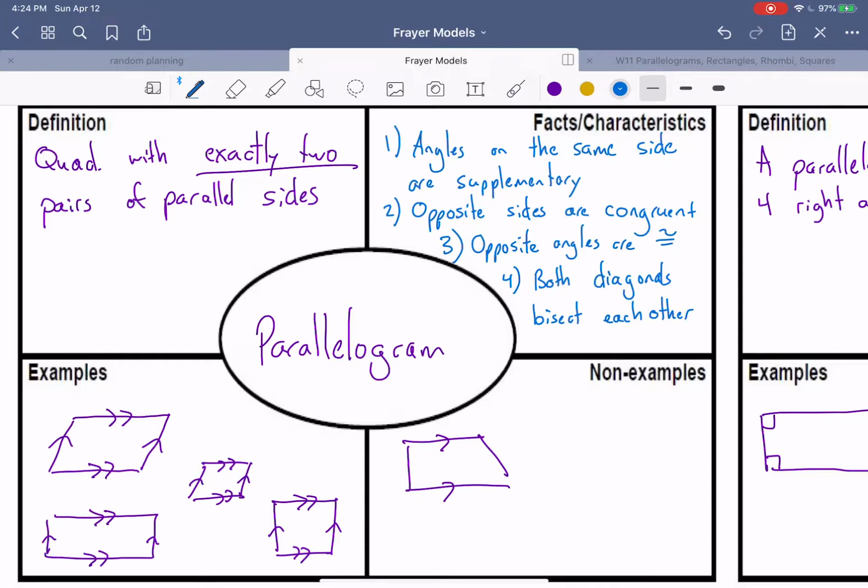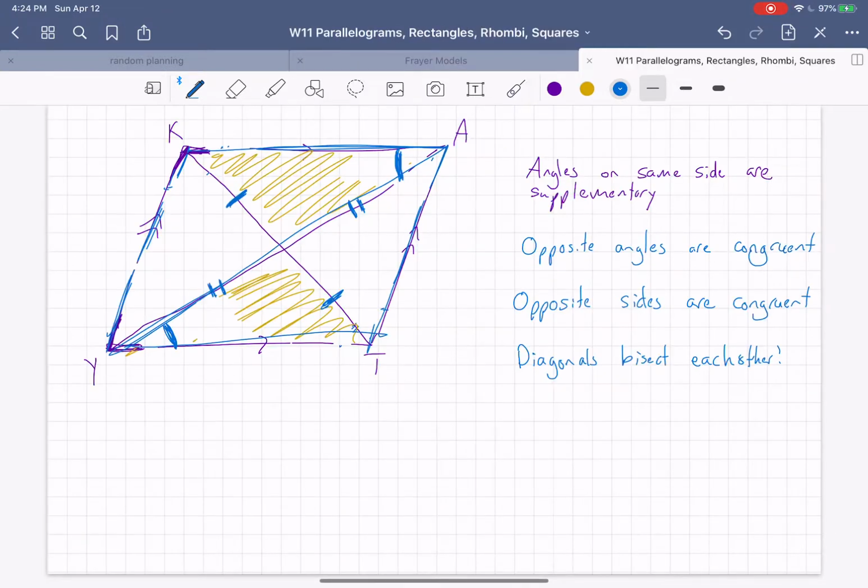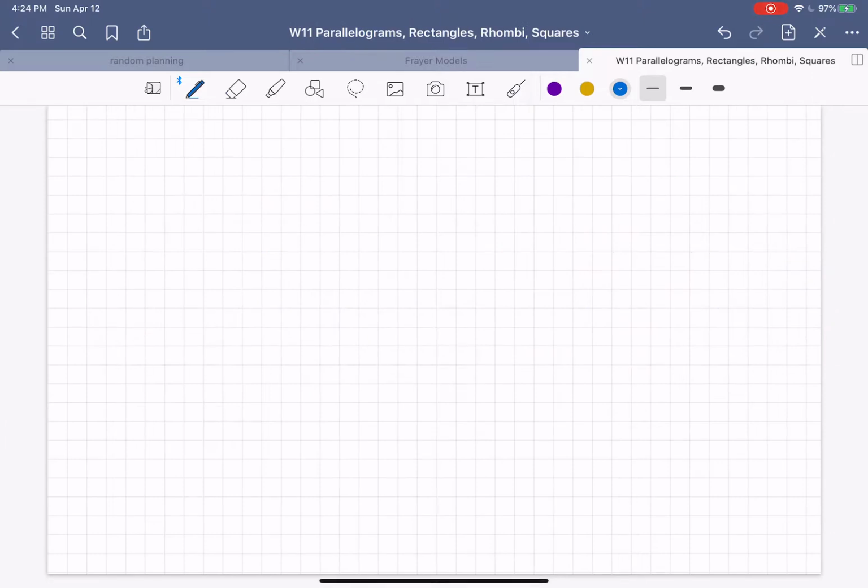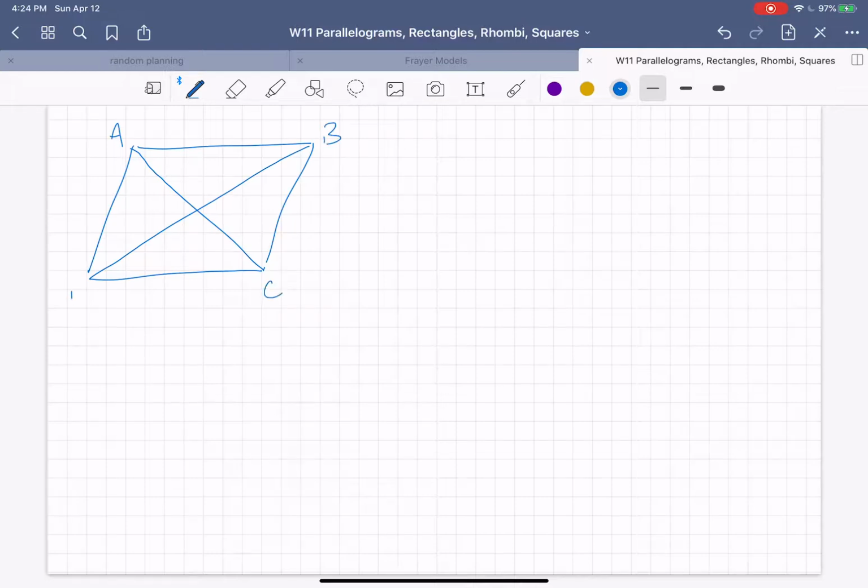So let's take a closer look at these and see some examples of how we use those properties with numbers. So let's say we have this parallelogram. We have both of its diagonals drawn, and we know pieces of those. Let's call that point E. We know that DE is x plus 1.